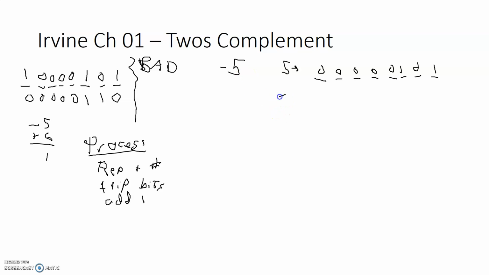So then we'll do the flip. Anywhere there's a 0, we make it a 1. Anywhere there's a 1, we make it a 0. It doesn't matter whether you go left to right or right to left, because you're just taking whatever is there and flipping it to the opposite. So there's the flip. And then we add 1.